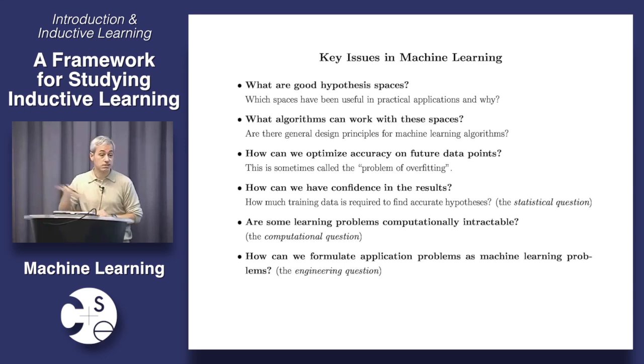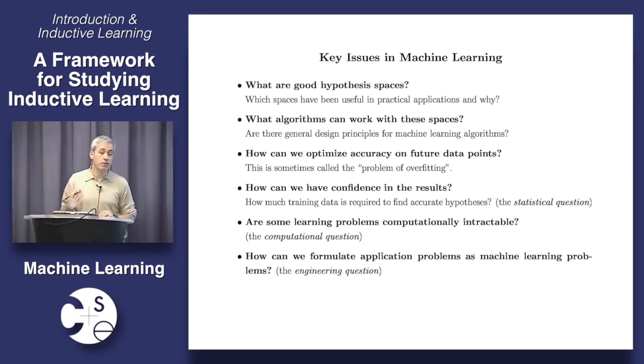It's not a science. There's an art side to this. The second question, of course, is, given these spaces, let's take, say, decision trees, very widely used. If that is the hypothesis space that I'm going to use, what algorithms work well with that space? It's not the case that one algorithm works well with all spaces. For different spaces, you will have to pick different algorithms.